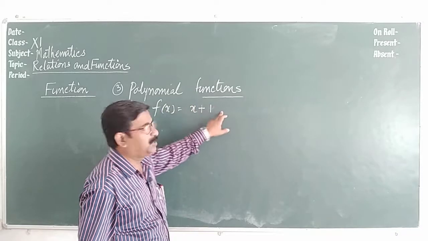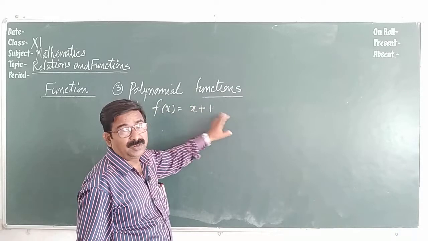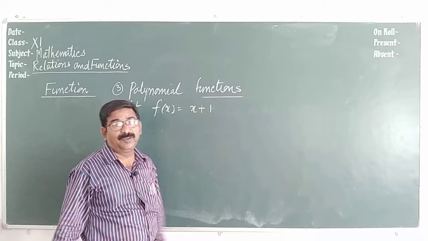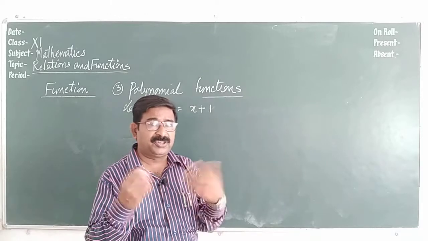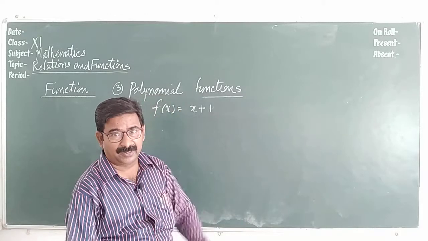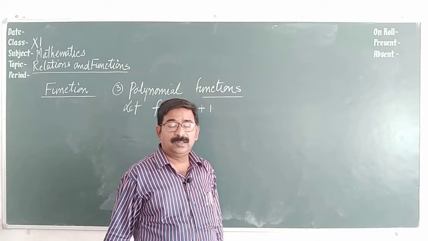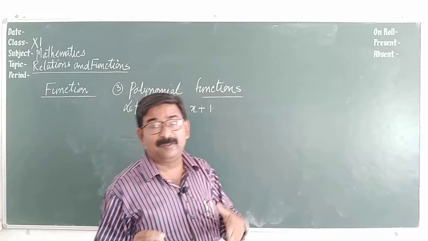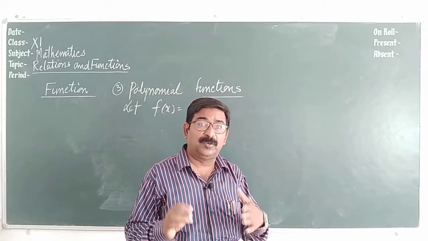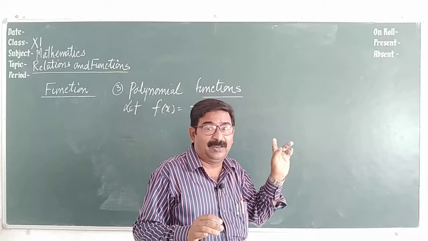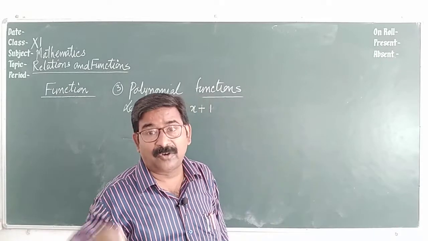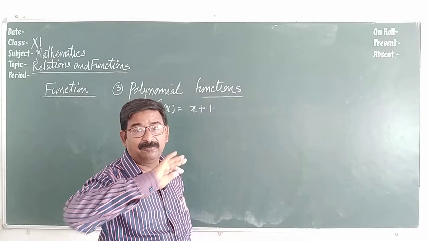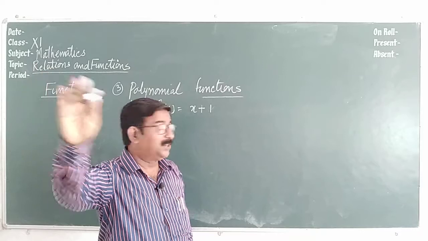It may be 2x plus 1, it may be 3x plus 1, it may be 5x minus 5, means the degree of the variable must be 1. Coefficients and this constant may be different. No problem. Whatever domain and range we find out will be universal, means common for all this kind of polynomial. For a linear function, whatever domain and range we find will be the same for all linear functions. Got it?